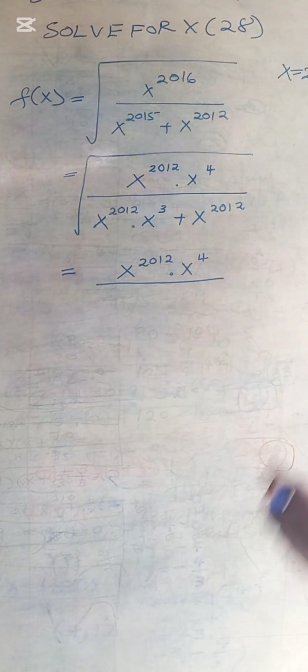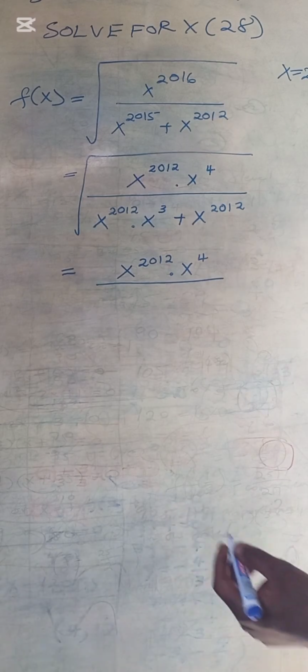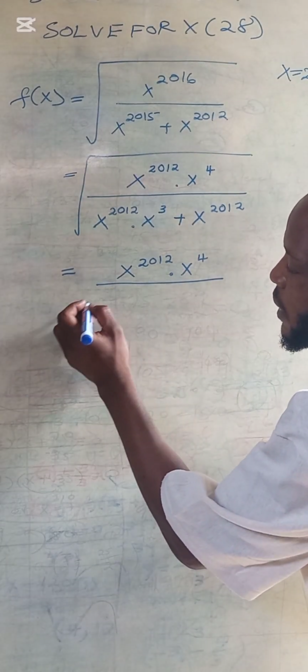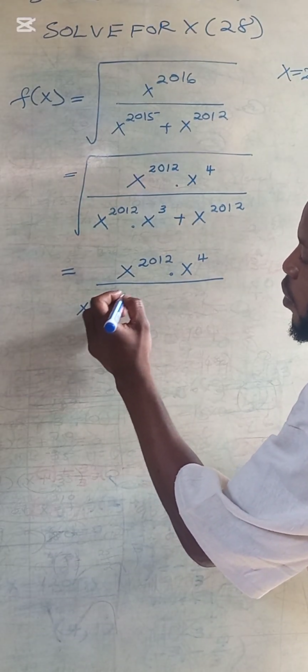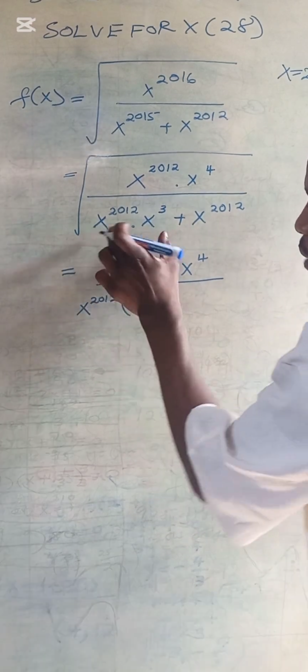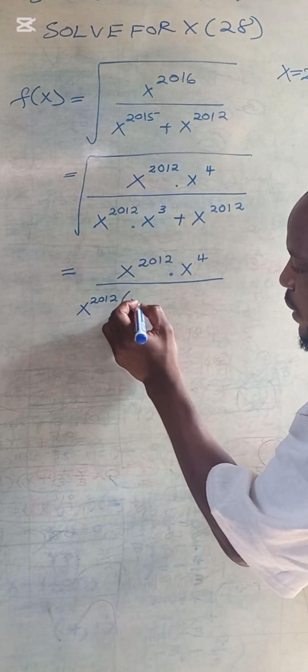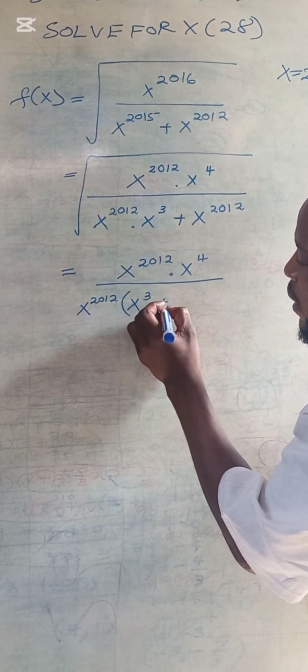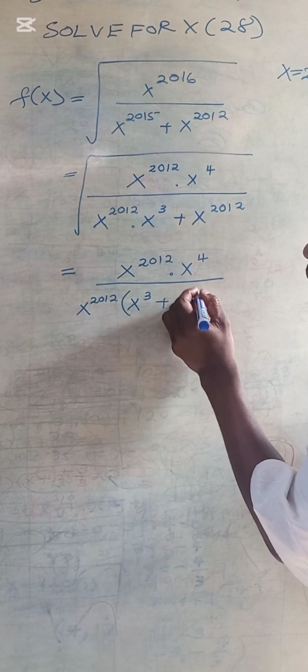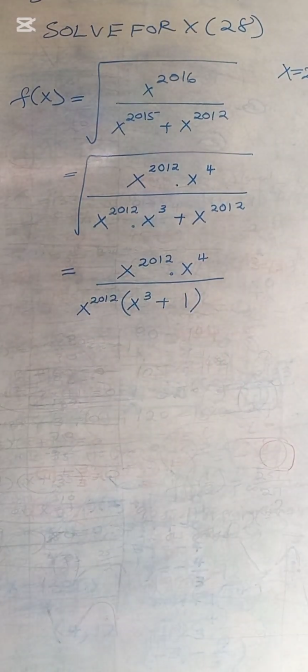So we are simplifying, and then hopefully we can solve without using a calculator. We take x to the exponent 2012 as a common factor. In this term will be left x to the exponent 3, and here will be left 1, because we took everything, right?